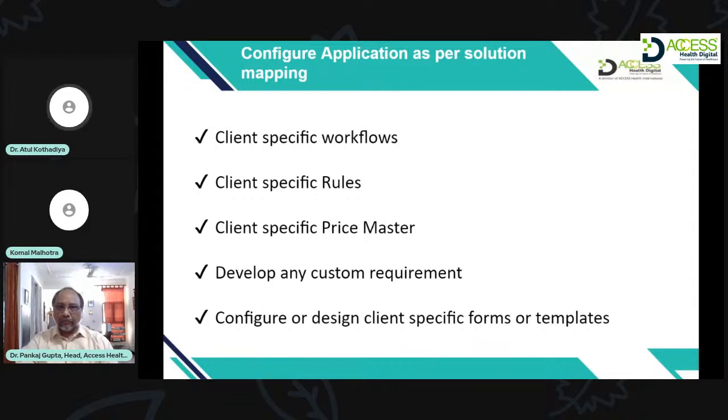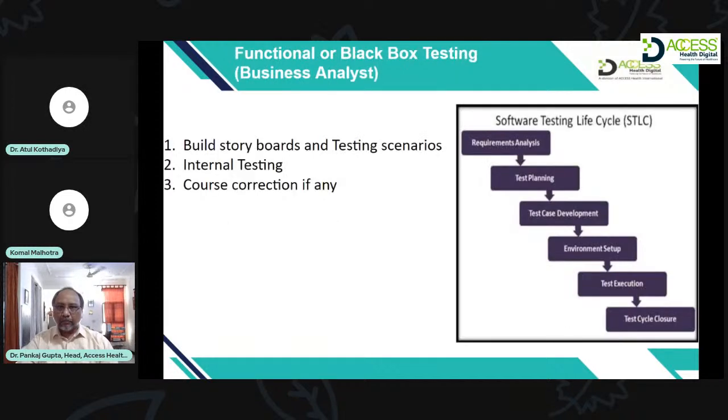If there is any custom requirement where there is a change in the code base, it will be taken by the vendor and analyzed. They will give the effort estimation and duration for that, and depending on the priority which we saw earlier, it will be delivered by the vendor to the client.